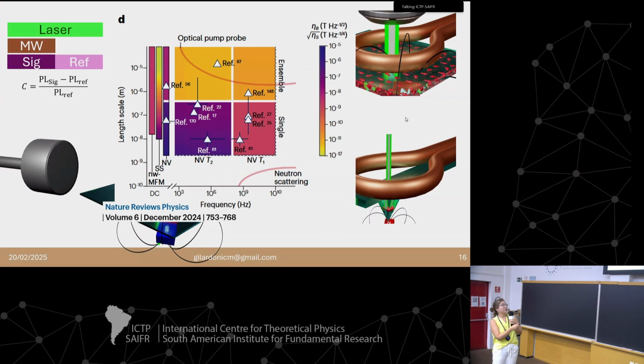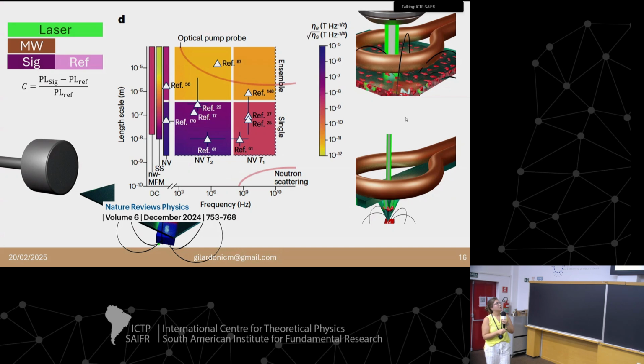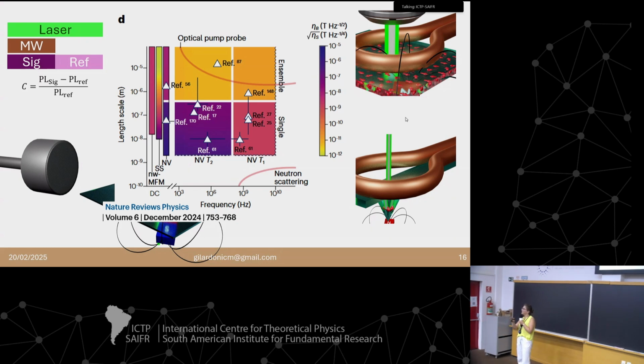And then if you're performing Ramsey types of measurements or relaxometry, you can gain a lot in sensitivity. So the state of the art is really here around a picotesla or so per square root hertz. So these can be really, really sensitive, not as sensitive as atomic centers, but they are in the solid state, right? So you can integrate them into devices and so on in an easier way.